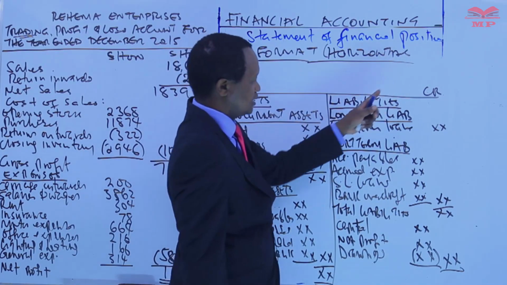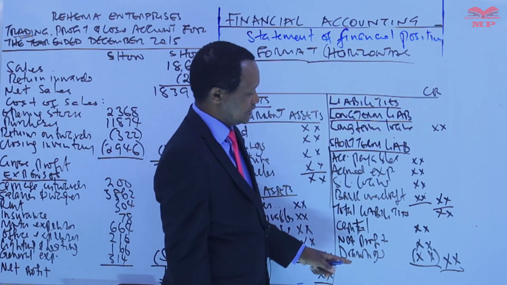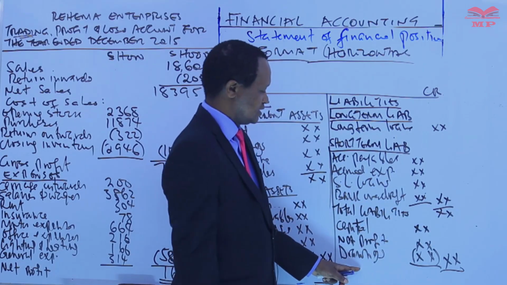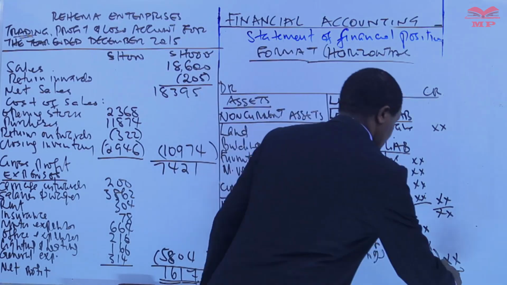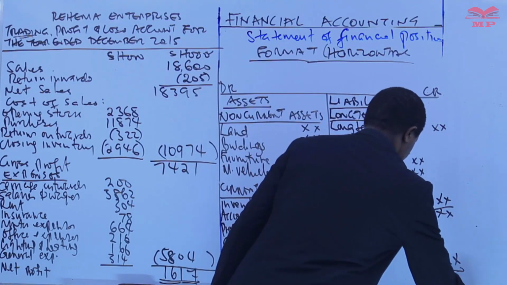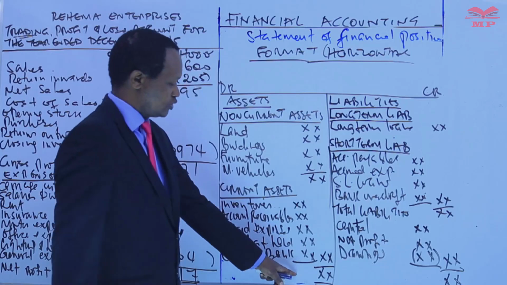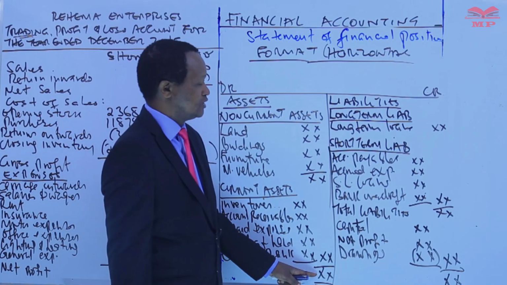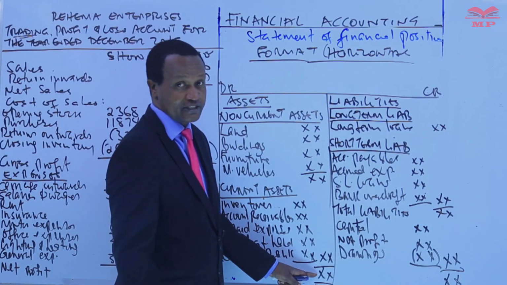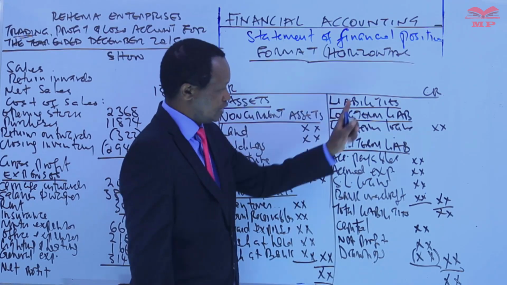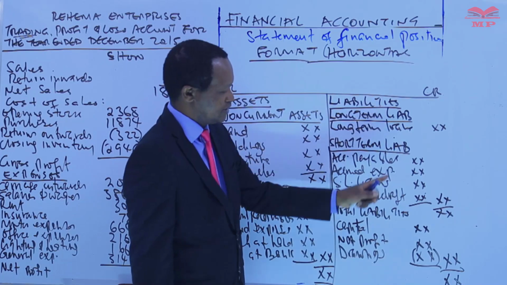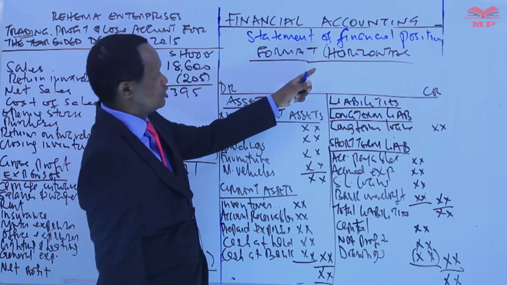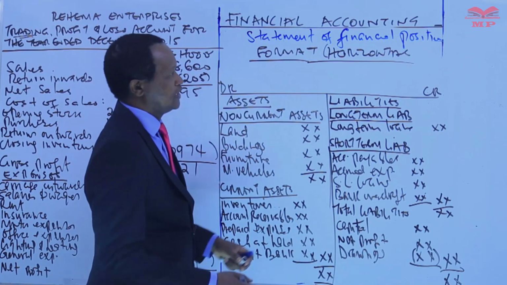So on the credit side, we have liabilities and capital, total liabilities plus the total capital. This will give us a total there, which should be equal to the total assets. So that's why I said that the balance sheet is based on the accounting equation. These assets should be equal to liabilities and capital. So this is the horizontal format of a statement of financial position.